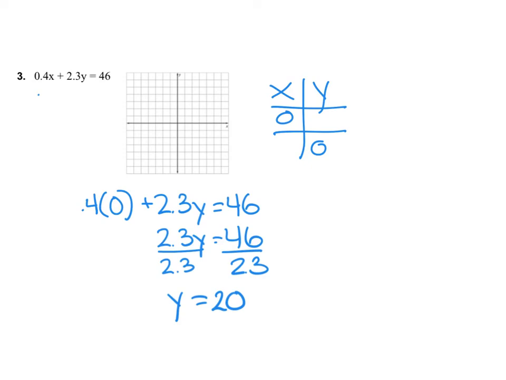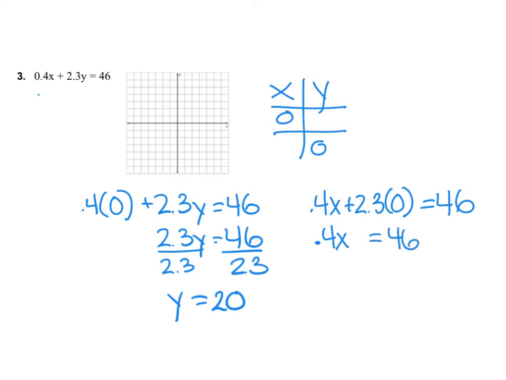and then I'll have for the x-axis, I'm sorry, I'm going to take 0.4x plus 2.3 times y, which is 0, is equal to 46. All right, so we have 0.4x is equal to 46. And that is going to be x is equal to 115. All right, now that's going to be really hard for us to put on this graph, so we're just going to label the point. So y is 20 and x is 115.